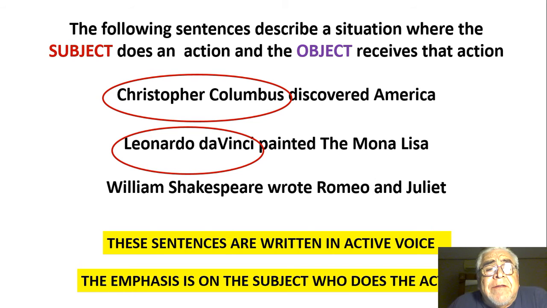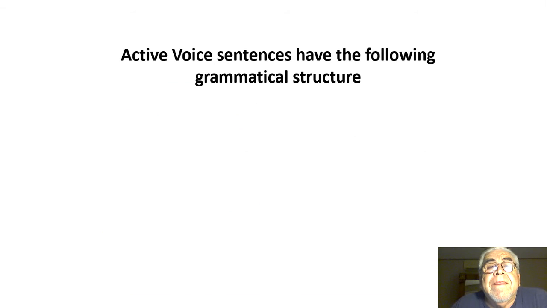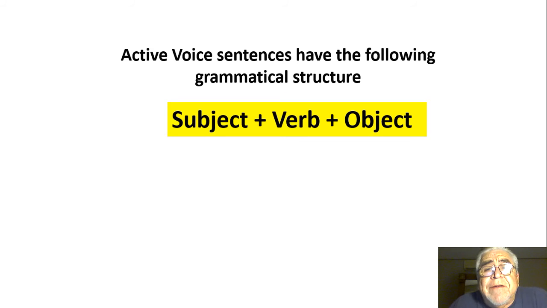And who's the subject in the third sentence? You are right, William Shakespeare. Active voice sentences have the following grammatical structure. There is a subject, there is a verb, and there is an object receiving the action.